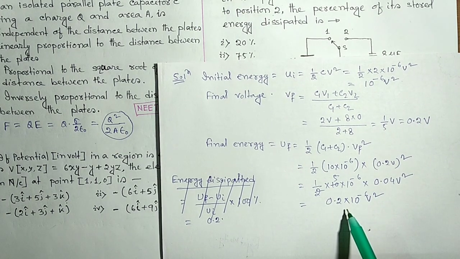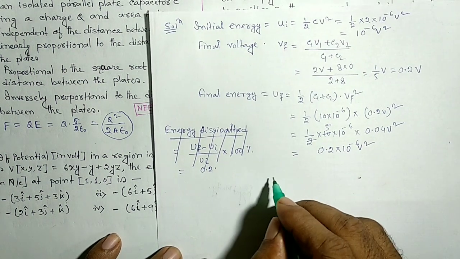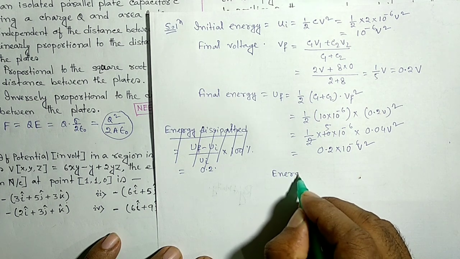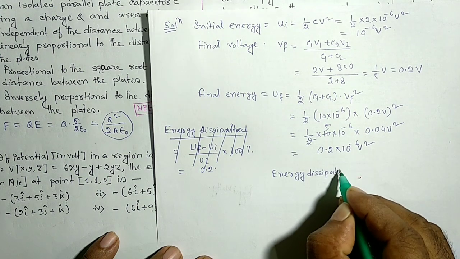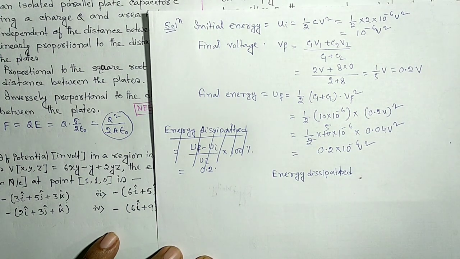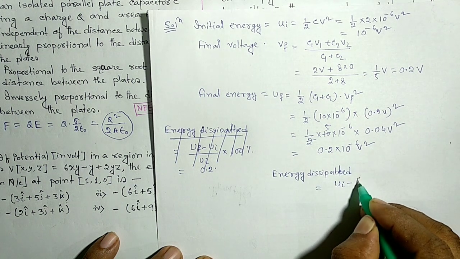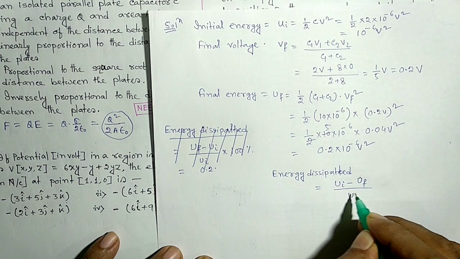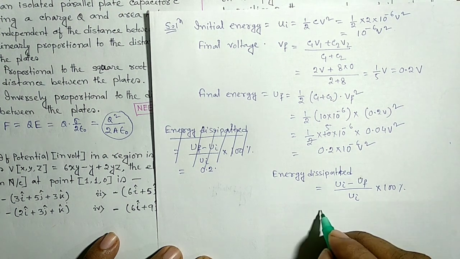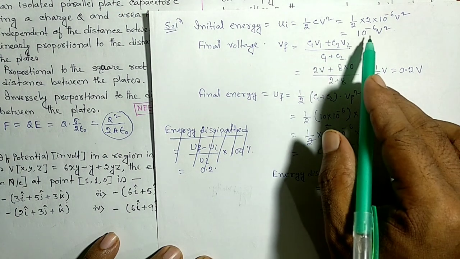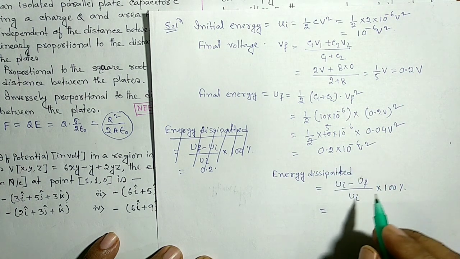Here energy is decreased. So how much energy is dissipated here? Energy dissipated is equal to U_i minus U_f divided by U_i into 100%. U_i is 10 to the power minus 6 V square, and U_f is 0.2 into 10 to the power minus 6 V square.